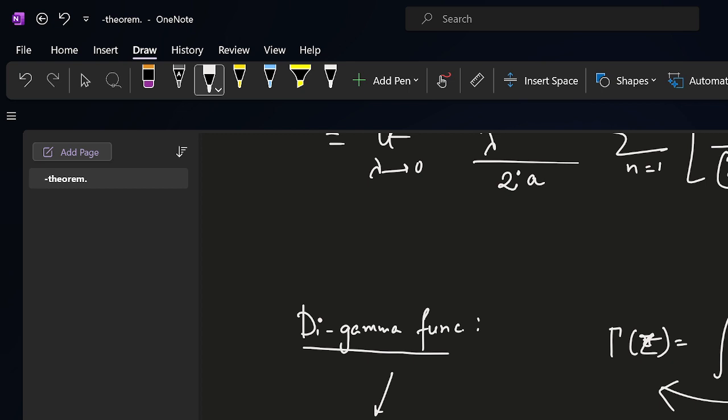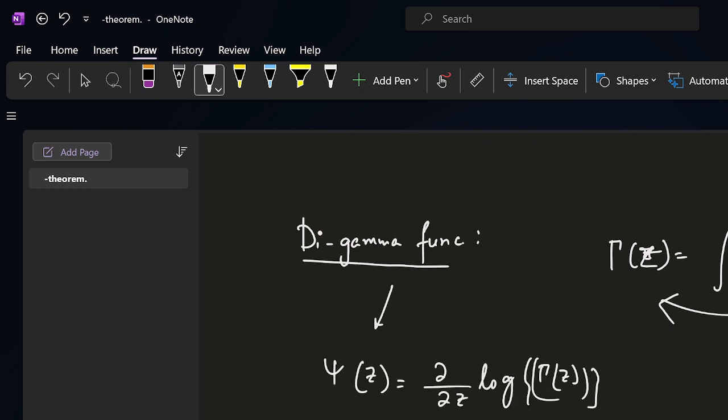And the digamma function is expressed as psi z. It is the first order derivative of the logarithm of the gamma function. That's why it is called digamma, because you first take the logarithm of gamma, then you take the first order derivative of it. So it is just giving you gamma prime z by gamma z. In the numerator you have the derivative of the gamma function, and in the denominator you have simply the gamma function.